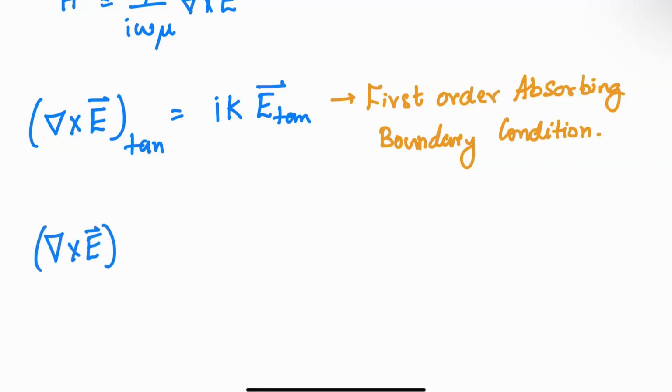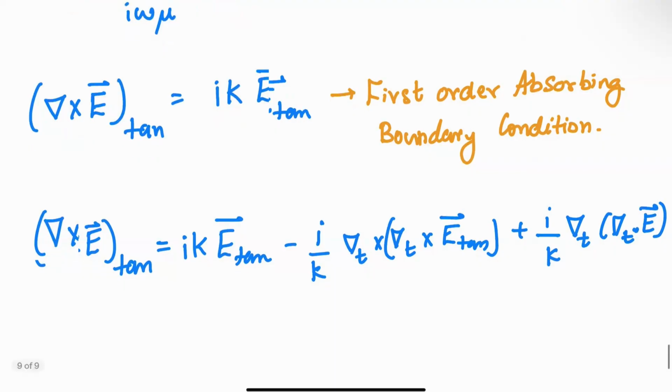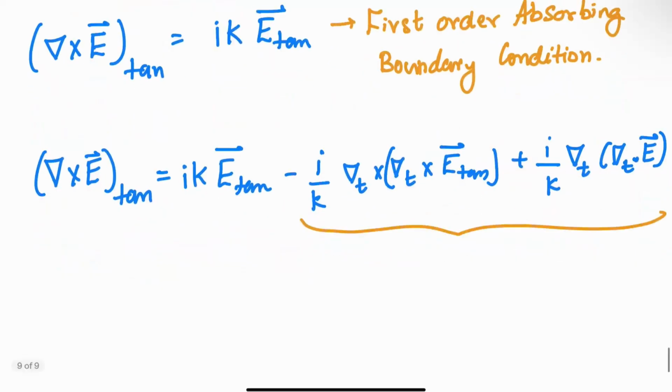We're not going to derive it here, but I'll just mention what it is: ik E tangential minus i over k curl of E tangential plus i over k gradient of divergence of E. Okay, so we've added two terms here, these two terms.